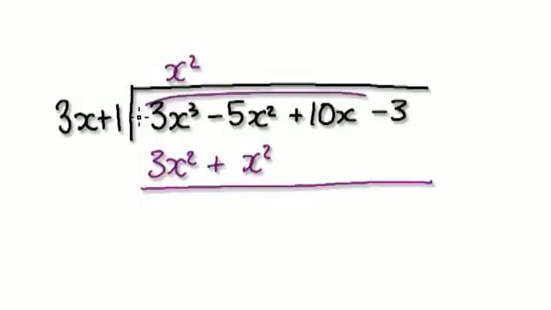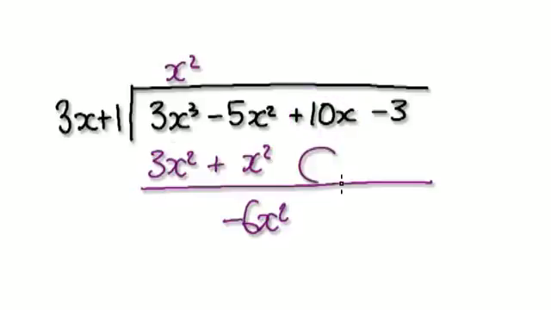Now we would get this whole thing, take away this whole thing, so that would be 0 here, and then this, take away this would be minus 6x squared, and then this, take away 0, would then give you this.